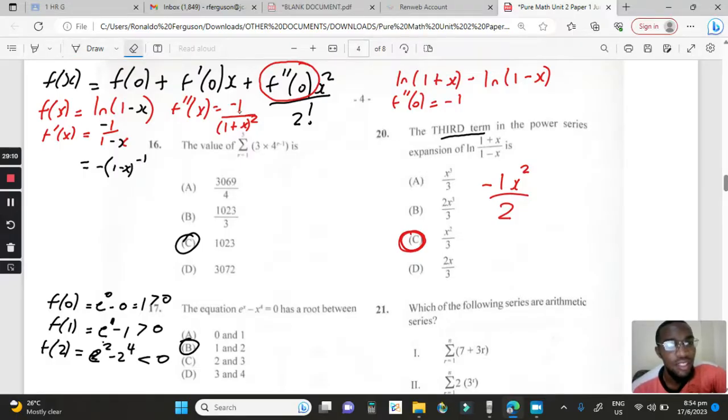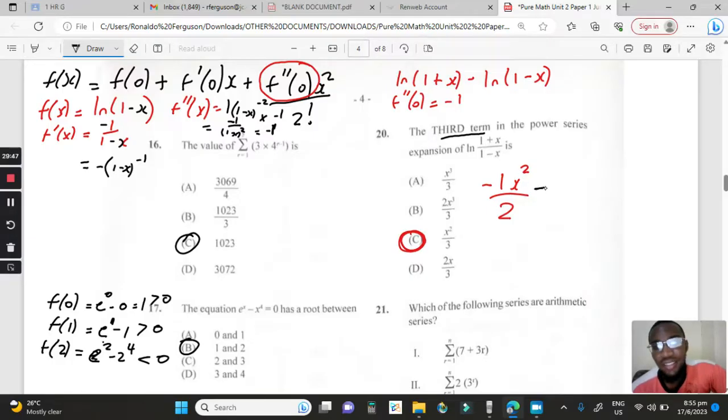When we differentiate this, carry down the power, so it's now positive 1. Subtract 1 from the power, 1 minus x to the minus 2 times the derivative of what's in the bracket, negative 1. So the second derivative is negative 1 over 1 minus x to the second power. Then we'll plug in the 0 again, so that is negative 1 minus 0, so negative 1.